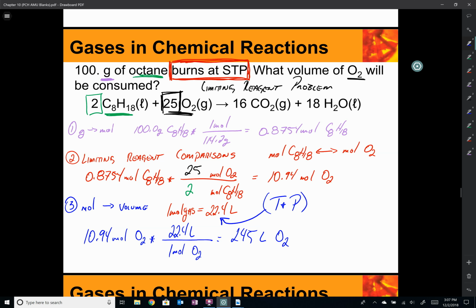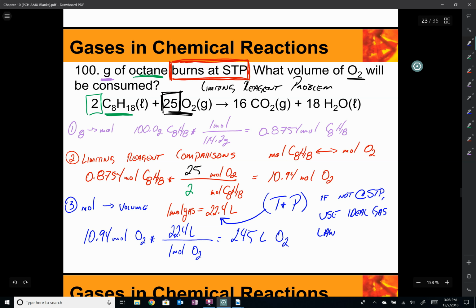You can see similar problems like this where I tell you 100 grams of octane burns at 30 degrees Celsius at 1 atmosphere. If I give you information about temperature and pressure that's different from STP, use the ideal gas law.